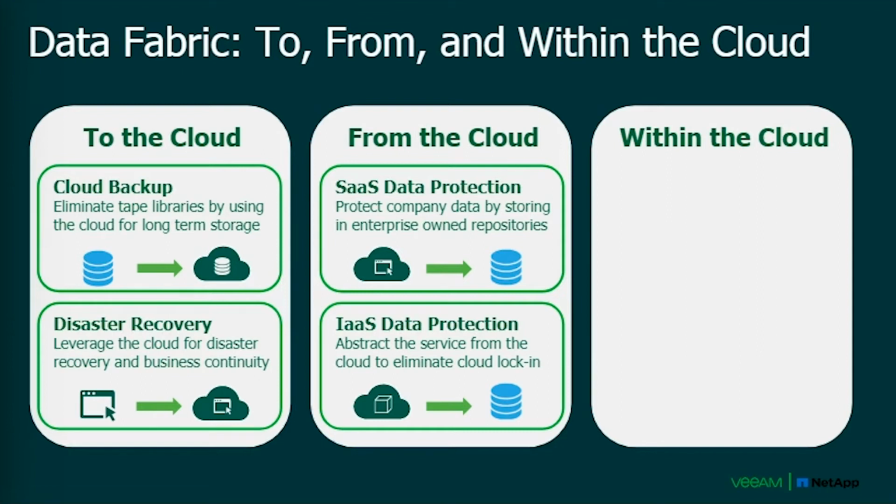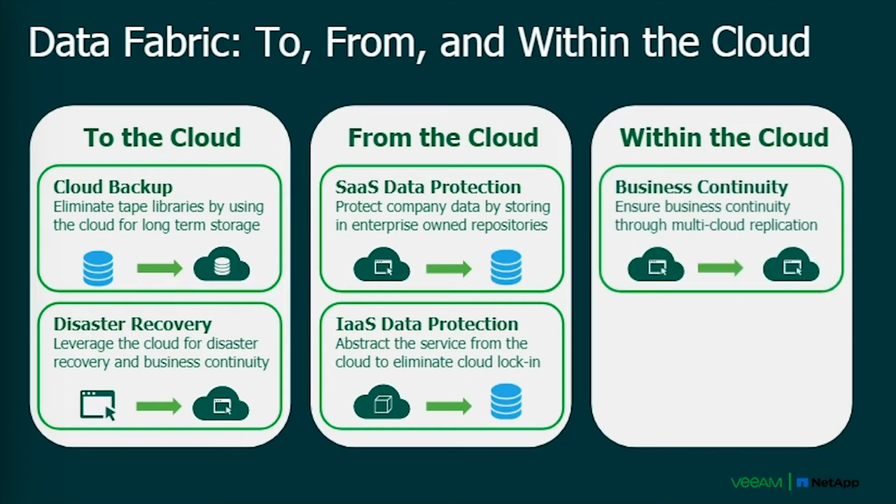So one popular example of this would be dev test in the cloud, leveraging public cloud resources for dev test, but production may be in your local or on-prem data center. This is a real good practical implementation of the data fabric, moving data from the cloud or cloud native into something like a VMware data format back on-prem.